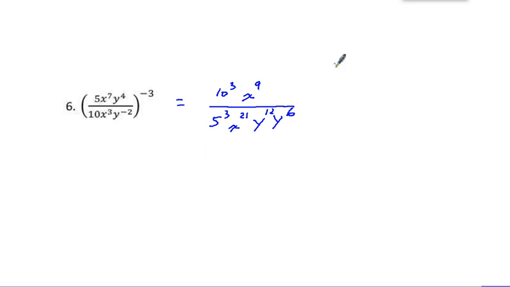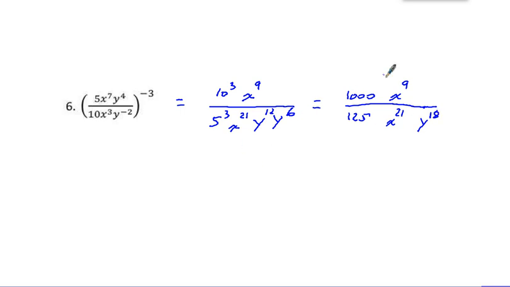I'm going to clean this up a little bit. 10 cubed is 1,000. 5 cubed is 125. I'm going to leave the x to the 9th for right now and the x to the 21st for right now. And I'm going to clean up the y's to be y to the 18th.